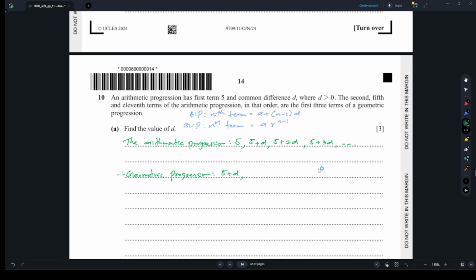For the fifth one, you put n equal 5, so it is 4d, so 5 plus 4d. And the 11th term is 5 plus, 11 minus 1 is 10, so 5 plus 10d, and so on.